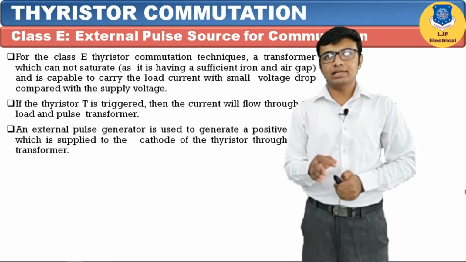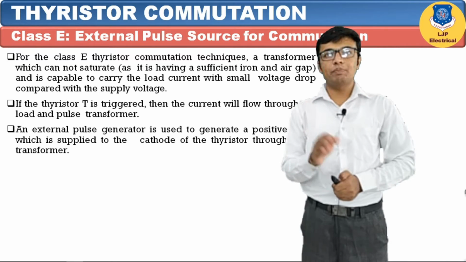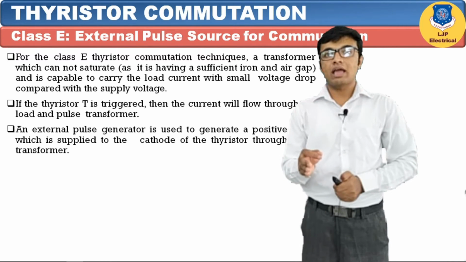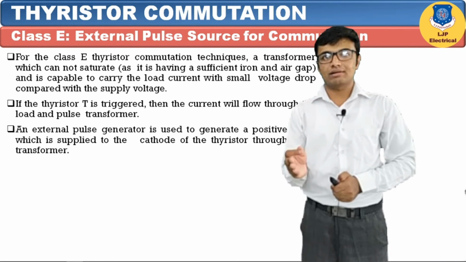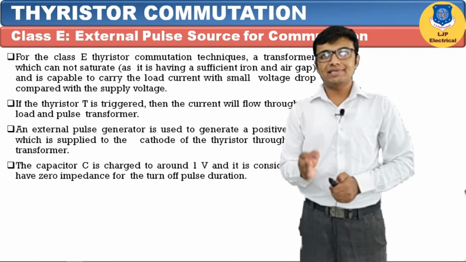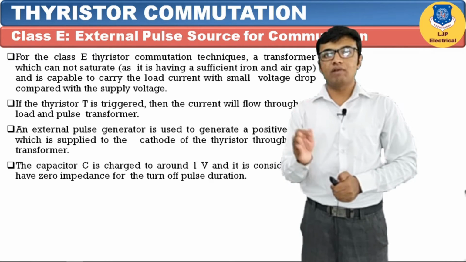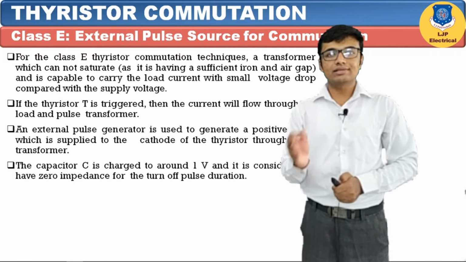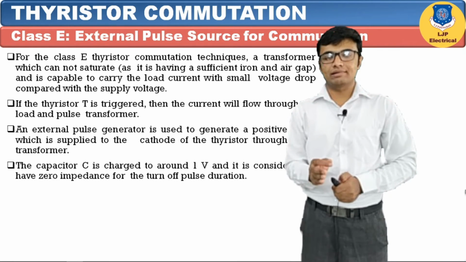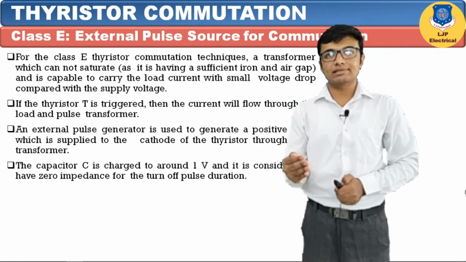An external pulse generator is used to generate a positive pulse which is supplied to the cathode of the thyristor through the pulse transformer. The capacitor C is charged to about 1 volt and it is considered to have zero impedance for the turn off duration. It means it does not have impedance while turning off.